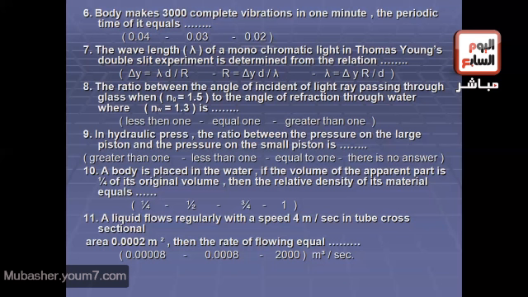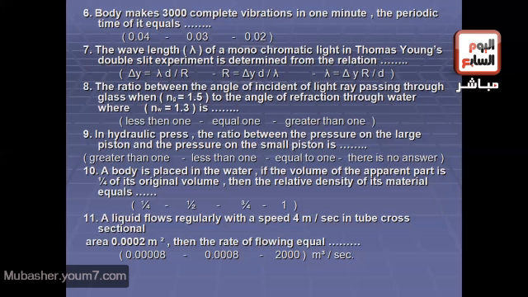R is the distance between the second and the third screen. D, the distance between the double slit. Okay, if we apply this relation on this sentence, the answer will be, yes, you are right. The answer will be r equals delta y d divided by lambda.